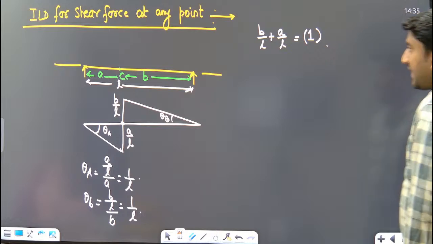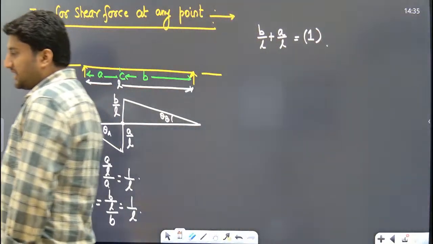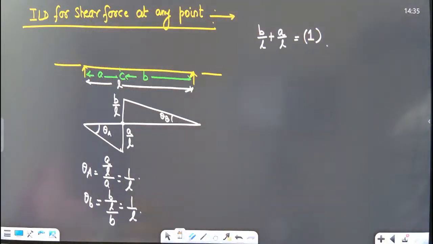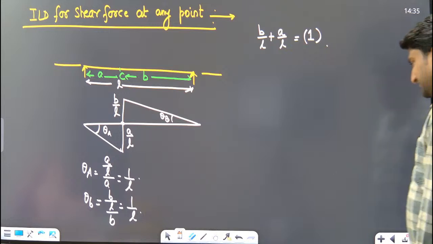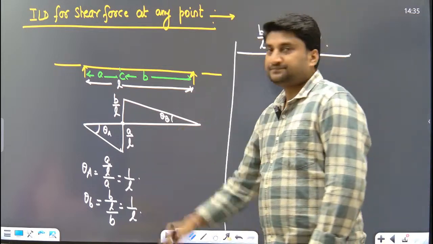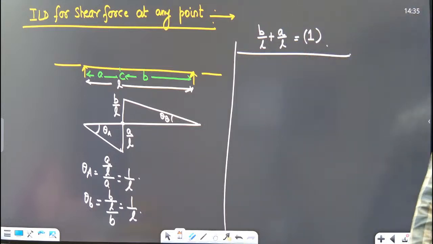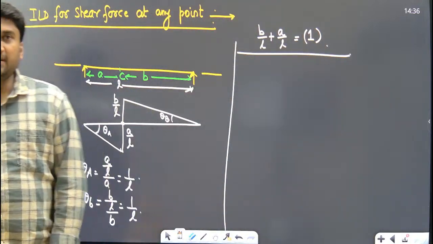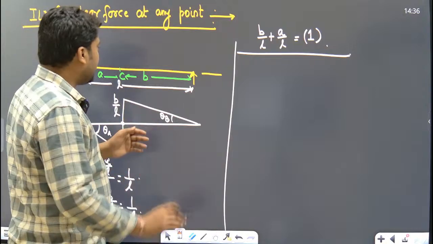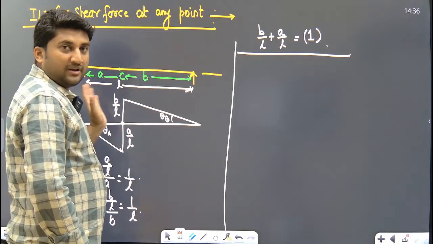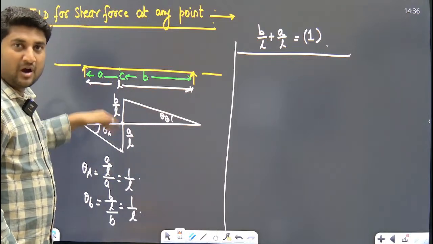Understood? And the third concept was how to draw the influence line diagram for bending moment at any point. So this is the concept for shear force. What is the shortcut? If you need to draw the shear force at any point, then cut the beam. On the right hand side, lift the beam upward by how much unit? This ordinate B upon total length. On the left hand side, deflect the beam downward by how much unit?